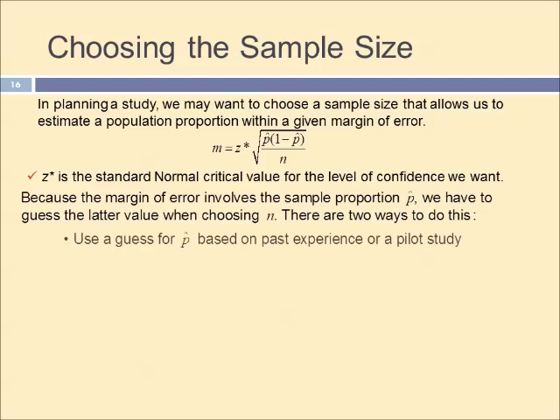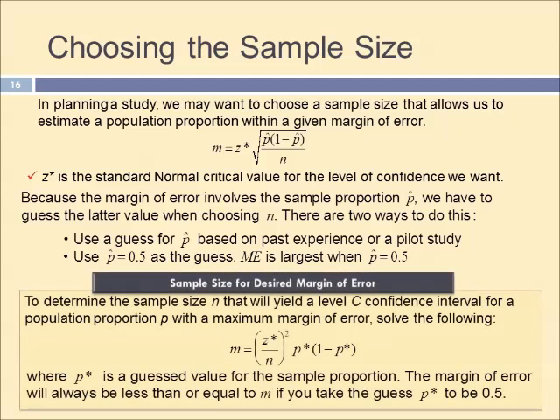And there are two ways to do this. We can use our best guess based on past experience or a pilot study, or we can just use p hat equals 0.5 as the guess. The margin of error is the largest when p hat equals 0.5, so this is a conservative estimate. So we'd basically just solve the formula above for n.